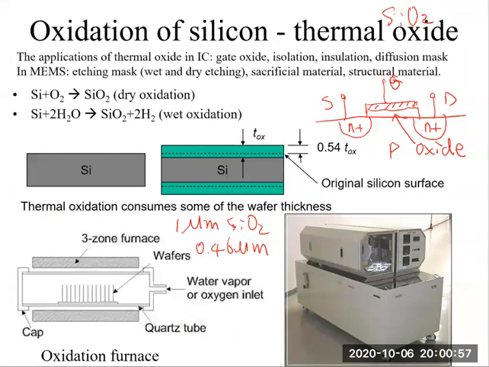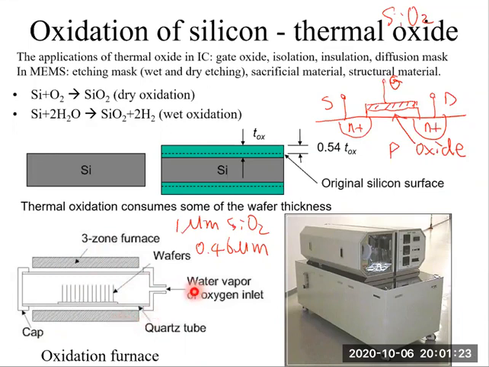The thermal oxidation is typically carried out in an oxidation furnace. We call this an oxidation furnace. It is simply a quartz tube surrounded by a 3-zone heater. So there's a 3-zone furnace.